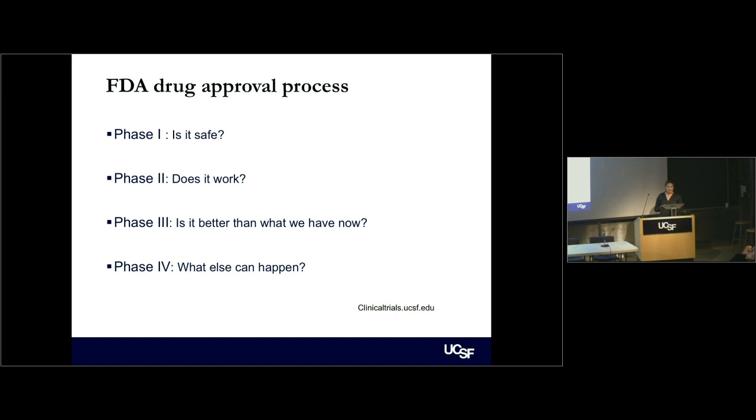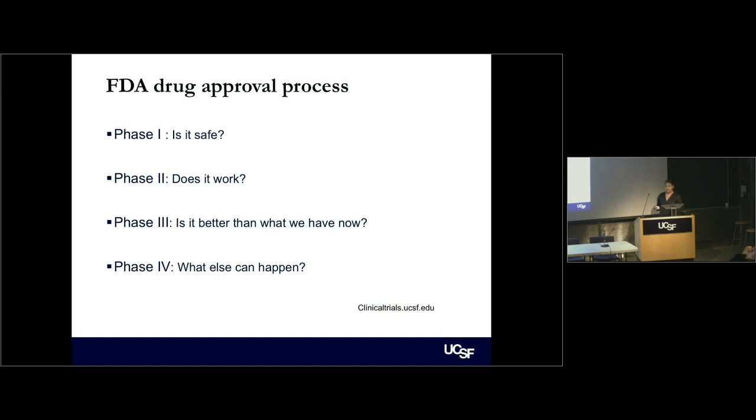So now we'll talk about the FDA drug approval process. There are 4 phases. Phase 1 is the beginning of use of this therapeutic in human trials. In this phase, we're looking at, is it safe? We use a small population of patients, and we're looking at safety and dosing.